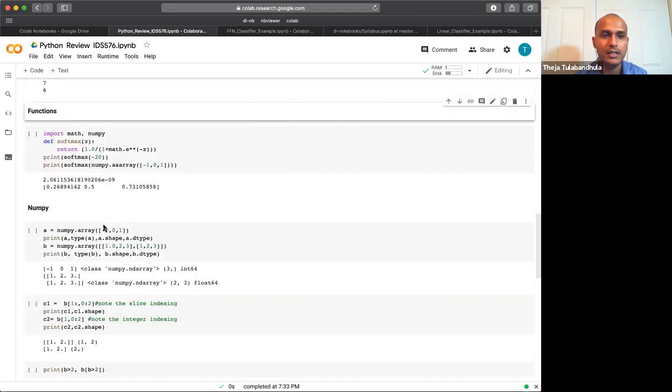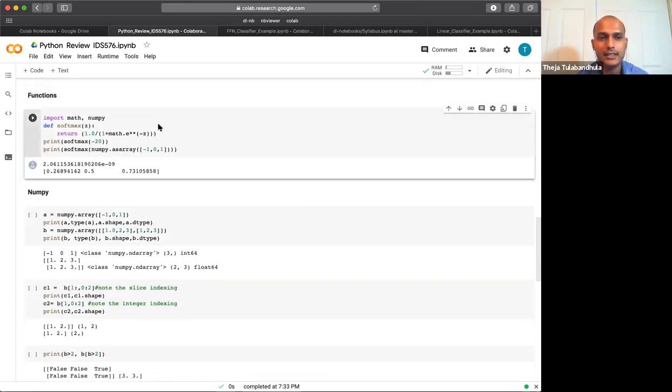so that's a for loop. And here's a function, and we'll see a function pretty soon. But this is a function which implements the function that we saw earlier in the BackProp example. It's 1 by 1 plus e to the power minus z. Okay, so for that I need to import a module, a Python module called math. You can call it a module, a Python package, and I'm also calling another very important Python package called NumPy.